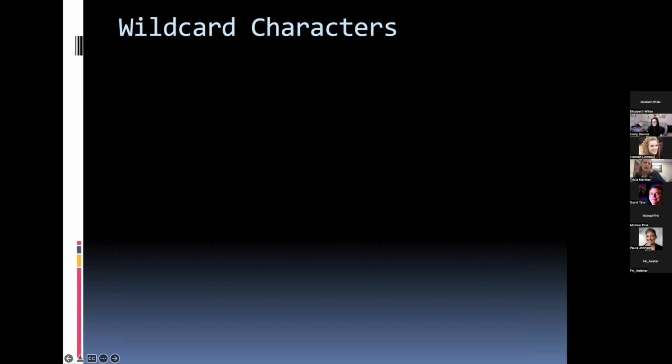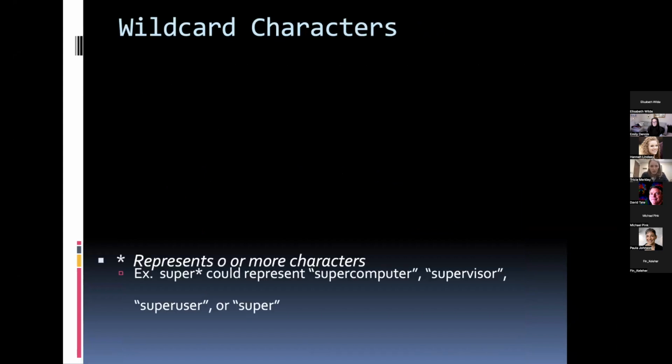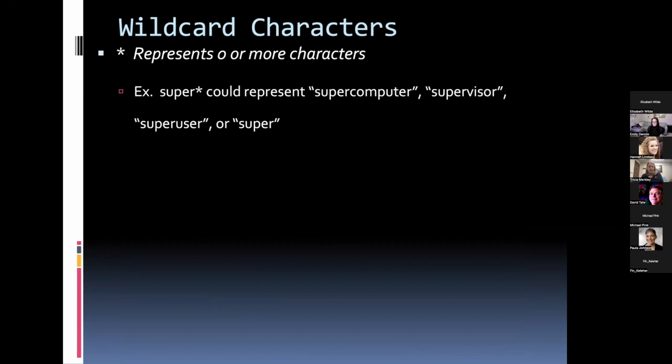Okay, a few wildcard characters to know. The asterisk or the star can represent zero characters or any number of other characters. So for example, if you were to type super and then the asterisk, this could represent supercomputer, supervisor, superuser, or it could just be plain super.